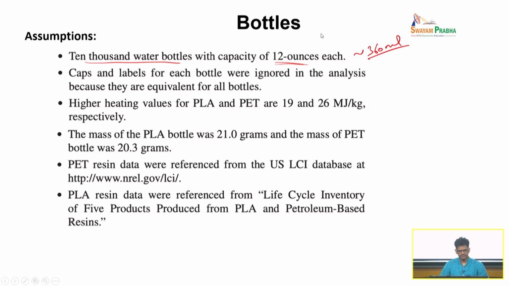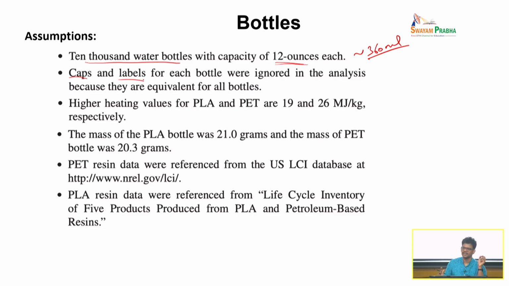1 ounce is roughly about 30 ml. So in this LCA analysis, a bottle comes with the main bottle, the lid or cap, and also a wrapper or label that has information about the brand, various packaging details, etc. In this analysis, they have basically ignored both cap and labels.